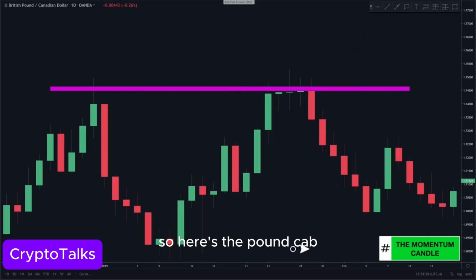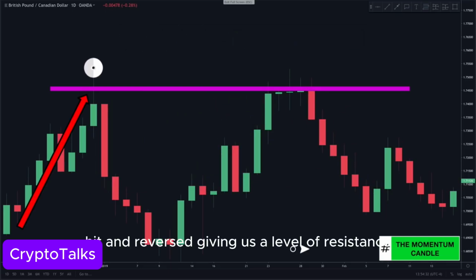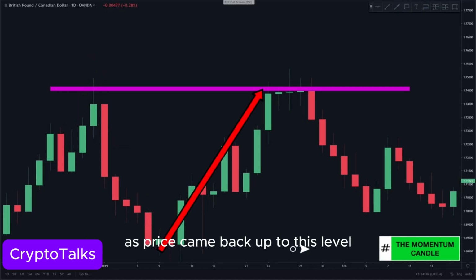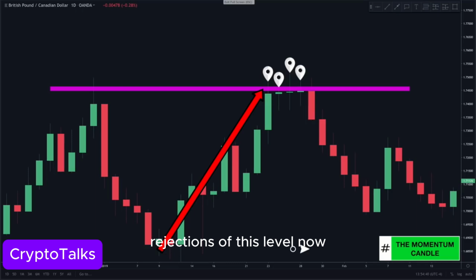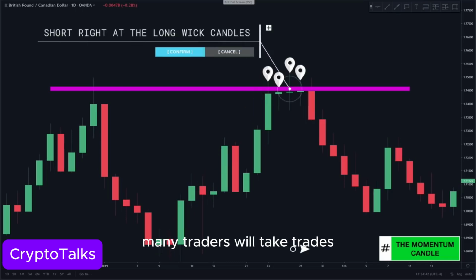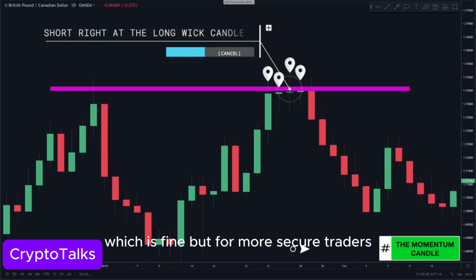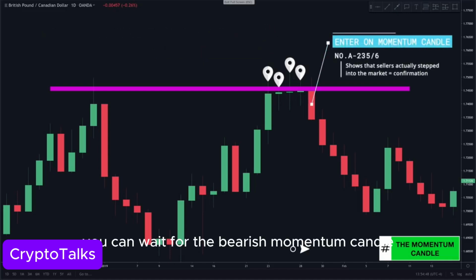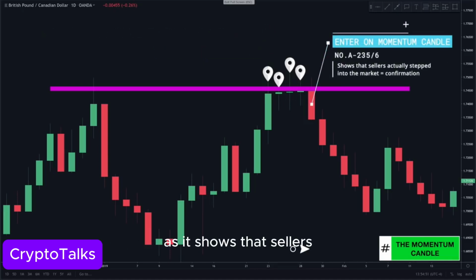So here's the pound cable. It hit and reversed, giving us a level of resistance, as price came back up to this level. We see rejections of this level now. Many traders will take trades, which is fine, but for more secure traders, you can wait for the bearish momentum candle, showing sellers actually stepping into the market.